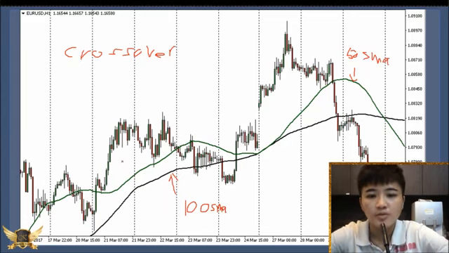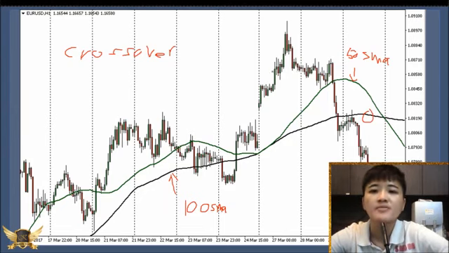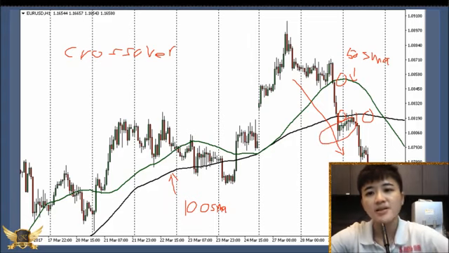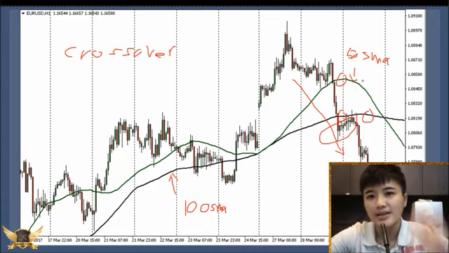It means that when the smaller SMA is above the larger SMA, it tells you that you are trading in a bullish market. If the smaller SMA crosses below the larger SMA, like in this case, it means that potentially the market might be changing directions. But of course, you see a little bit of lagging over here, because the price has already gone below the 100 SMA right here, but the moving average hasn't reacted yet, which is one of the downsides of moving average: it is a lagging indicator.